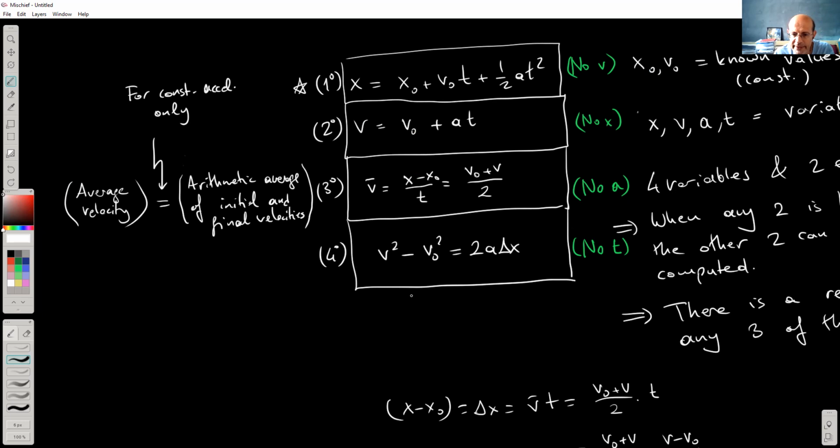Let's see, what else? The last one, all right, that's not easy to remember at this stage, but later when we see the work concept, we will see that this is actually the work-kinetic energy theorem. The left-hand side, if I multiply this with mass, will be the change in the kinetic energy, and the right-hand side will be work done by the net force, all right?